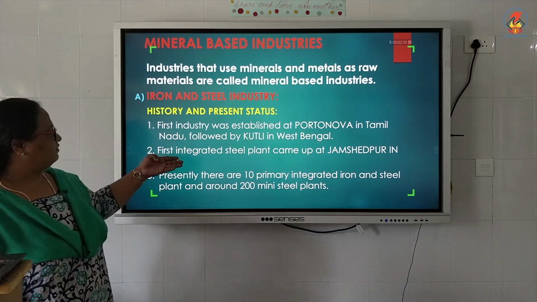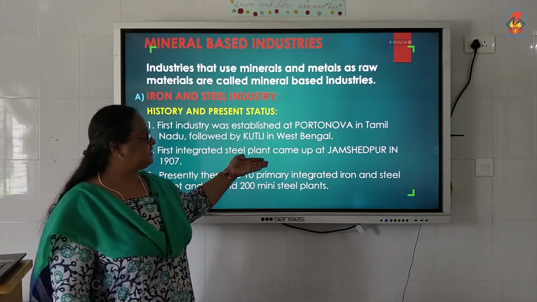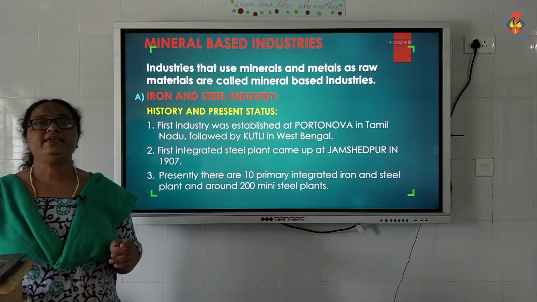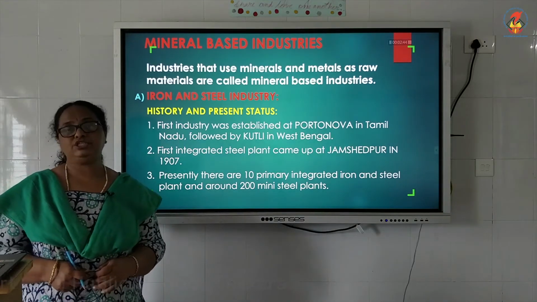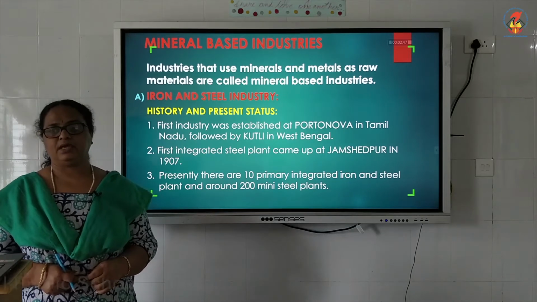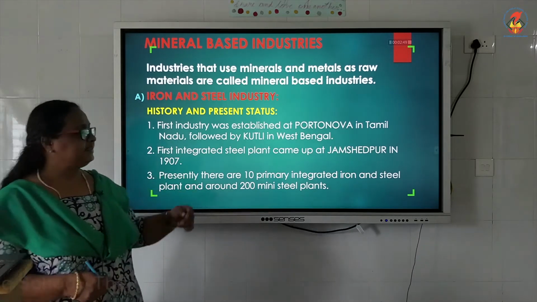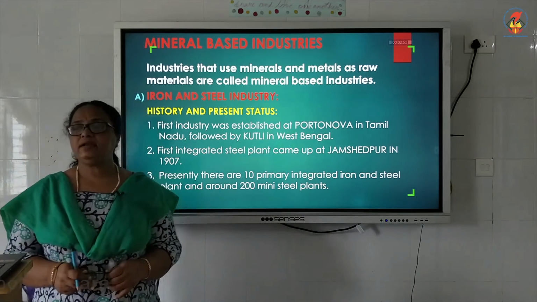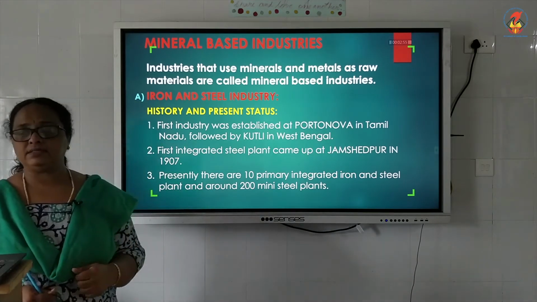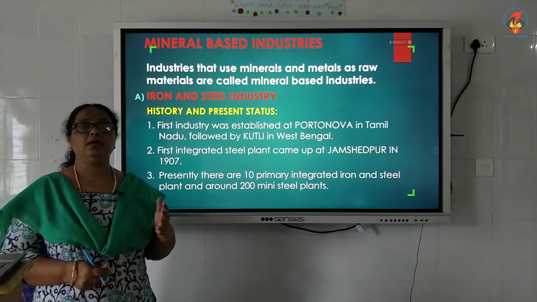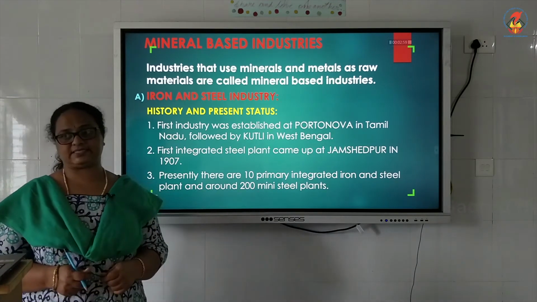Then we have one of the first integrated steel plants, which came up in Jamshedpur in 1907. Presently there are about 10 primary integrated iron and steel plants and around 200 mini steel plants.